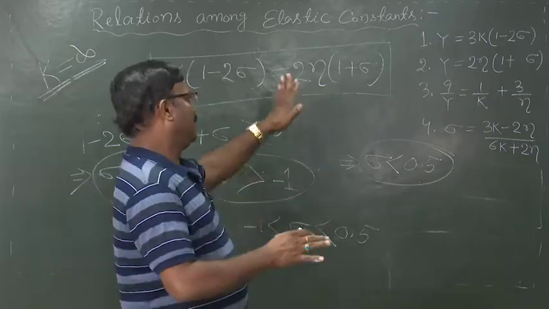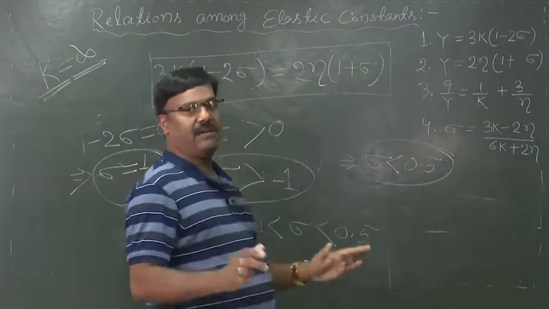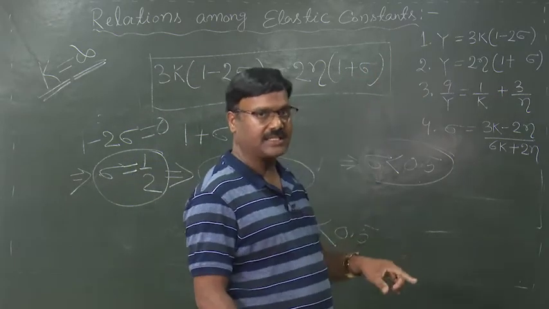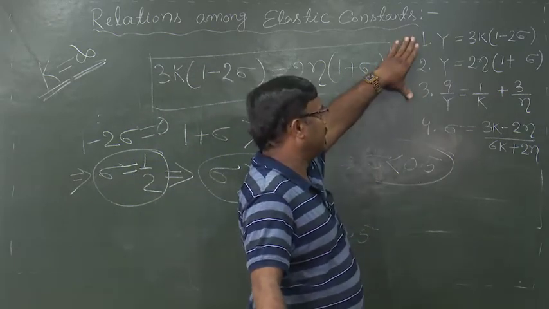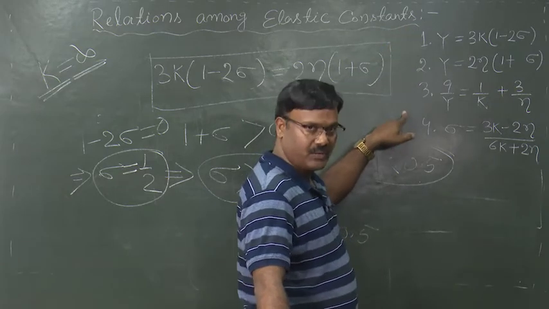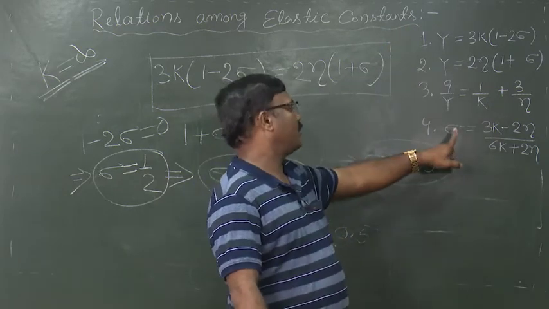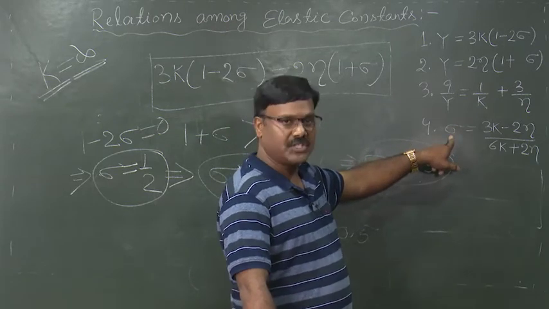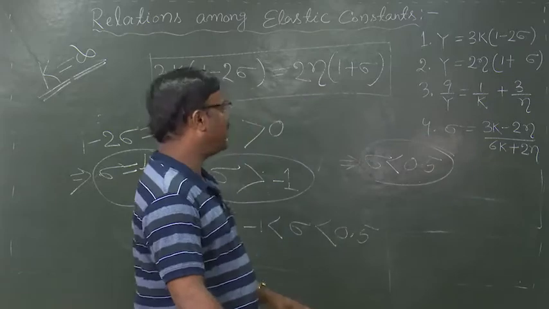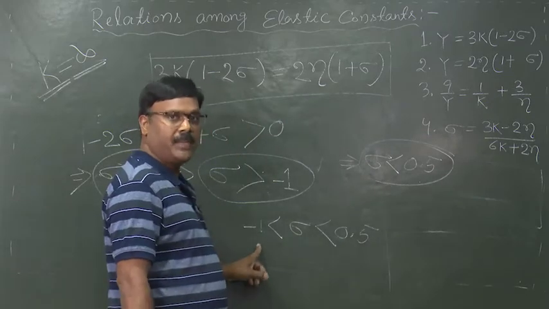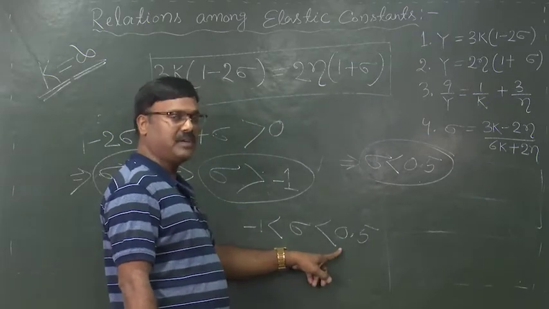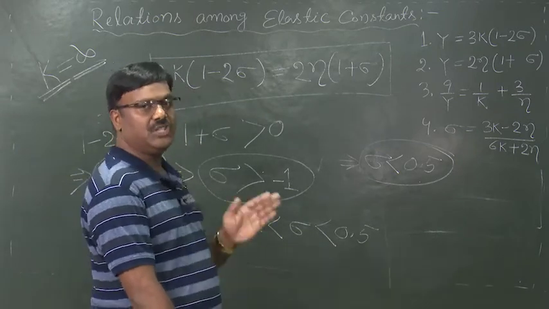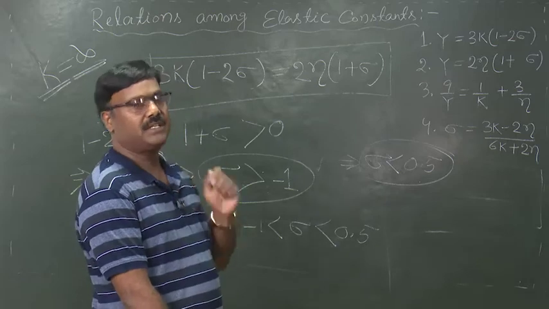Now, we have arrived at our conclusion that all the 4 elastic constants can be narrated in terms of these 4 equations, in which the 4th equation represents the expression for the Poisson's ratio, whose theoretical value lies between minus 1 and 0.5, and its practical value lies between 0 and 0.5.